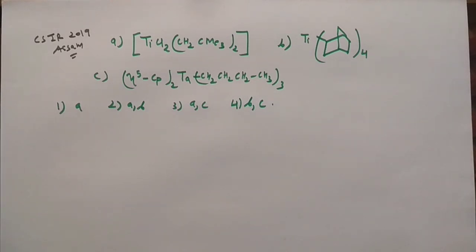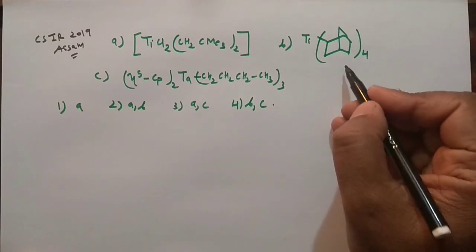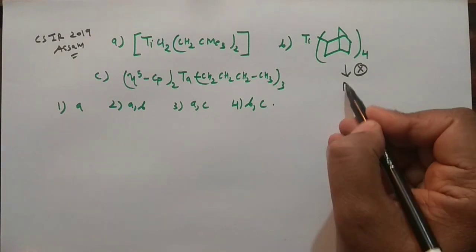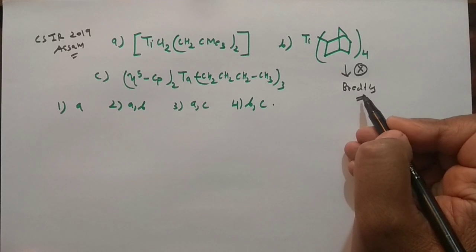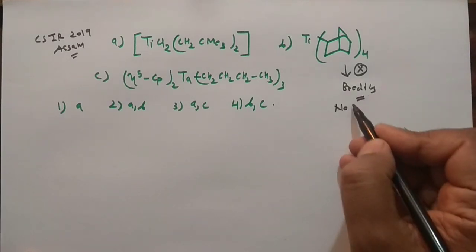And you know the complexes which will not undergo beta hydride elimination reaction will not give alkene as the byproduct. So in that case you can see this cannot undergo beta hydride elimination reaction because it is a violation of Bredt's rule, as I have explained earlier, right? So that means it will not give alkene.